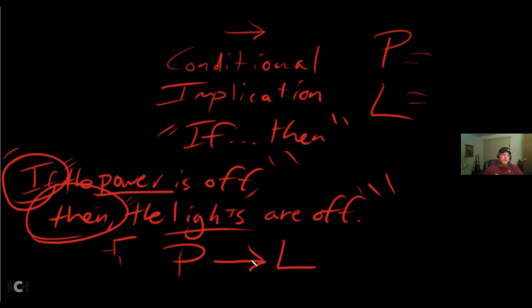Now we're going to do some other things with this, because sometimes things can be implied. I said, if the power is off, then the lights are off. But I used the word then, and sometimes we can take it out and it still works.